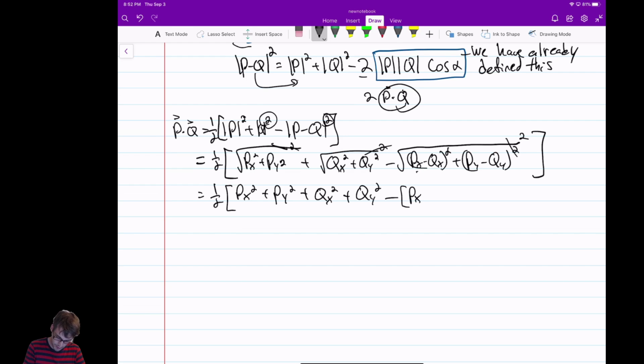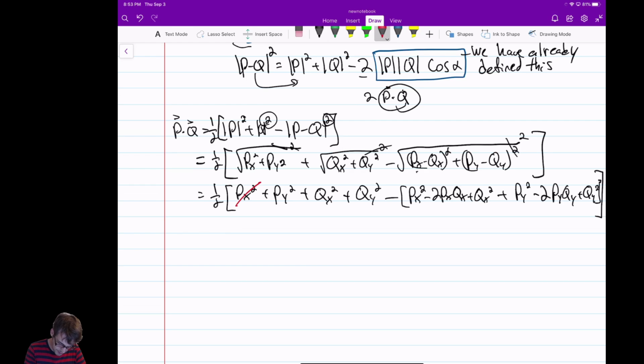That's px squared minus 2 px qx plus qx squared. And then this one's the same thing. It's py squared minus 2 py qy plus qy squared. Bracket, bracket. Cool. Whew.